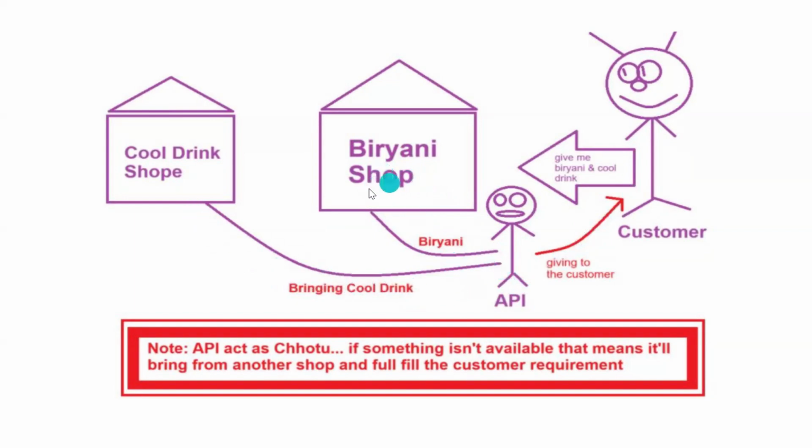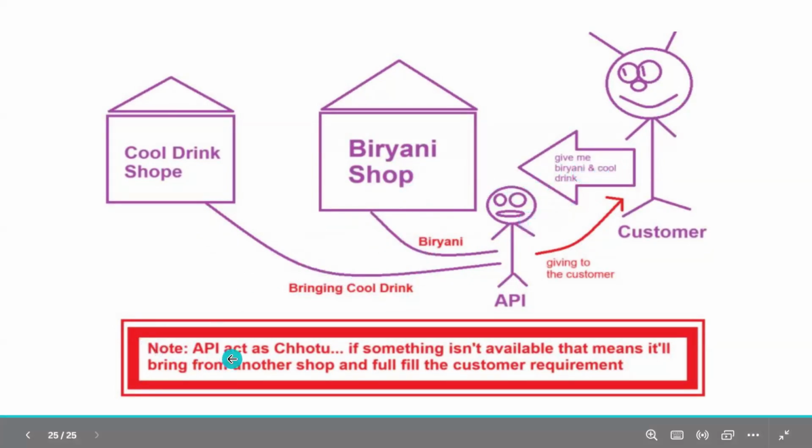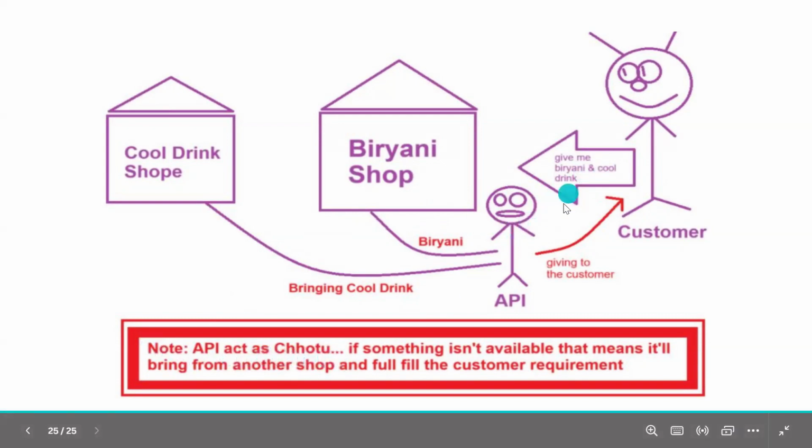So the biryani shop owner will serve biryani as well as cold drink to the customer. But that cold drink wasn't available at this biryani shop; they took it from someone else and used it for their customer service. So API acts as a Chotu. Chotu means a small person, a small child. If something isn't available, it will bring it from another shop and fulfill the customer requirement.